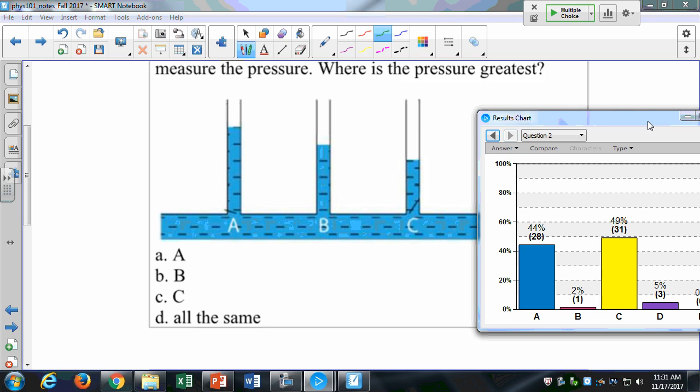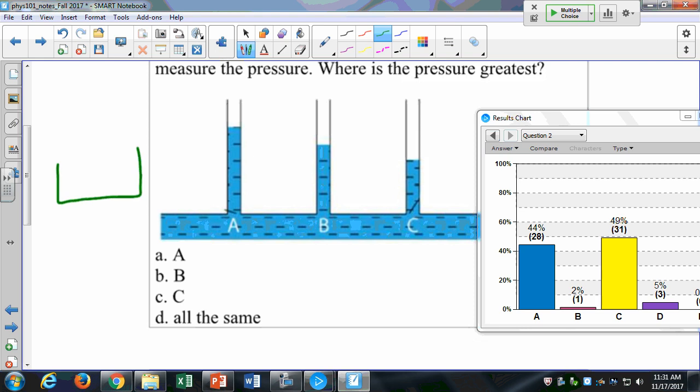With a manometer or a barometer, think about it: I have this tube, I have liquid here, I have a pressure pushing down, and it pushes this liquid up in here. The taller this column of liquid, the bigger the pressure that's pushing down.